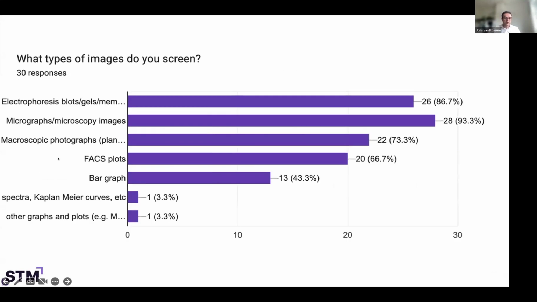Another question was, what types of images do you screen? And you can see here the distribution between the various options we gave. There were also some people that gave their own answers: spectra, Kaplan-Meier curves, other graphs and plots, and the M is actually the MWM swimming traces.